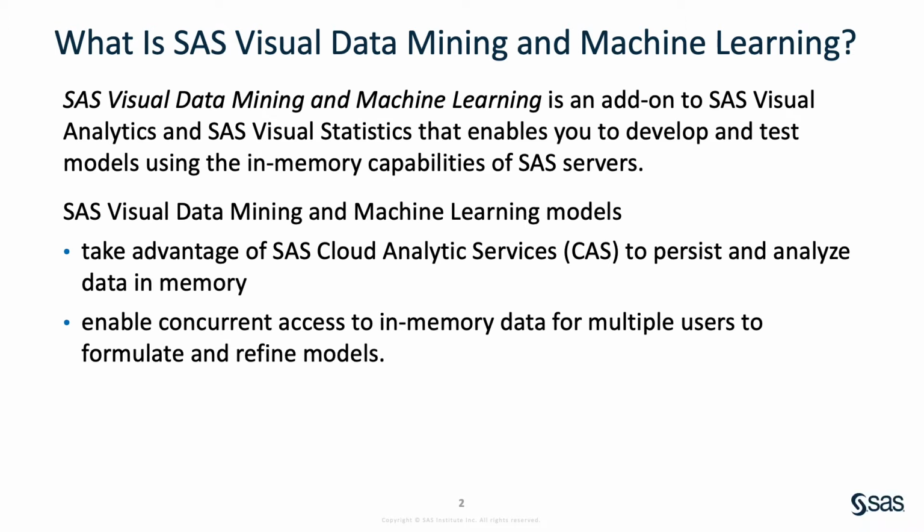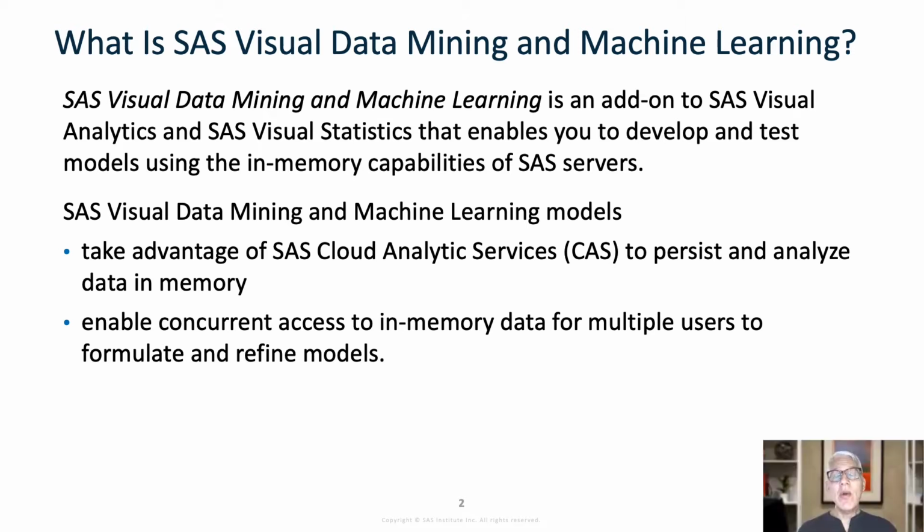So it turns out that all of these products are basically taking advantage of in-memory capabilities on these SAS servers. And we call this SAS Cloud Analytics Services. We call that CAS. And basically, you're going to have a whole grid of machines that are going to be linked together, and they're going to allow you to load up big data, and that big data is going to stay in memory.